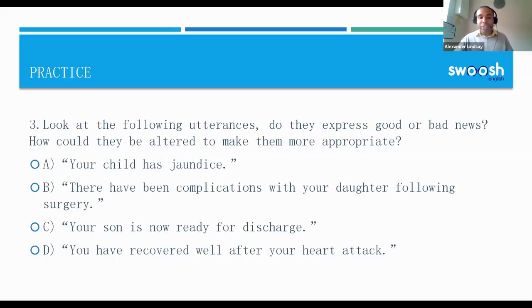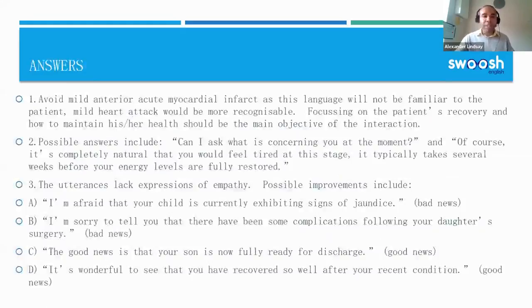Some really good suggestions, some really nice ideas. Here are some possible answers. A lot of it is what we've already said together, so we don't have to spend too much time on this. But we looked at A and we acknowledged the language which was not appropriate. For B also, we had a good discussion in terms of some of the appropriate language we could use to address the different points.